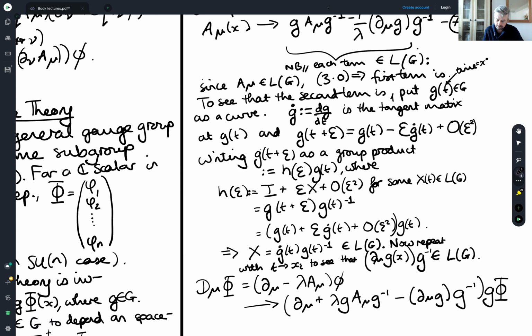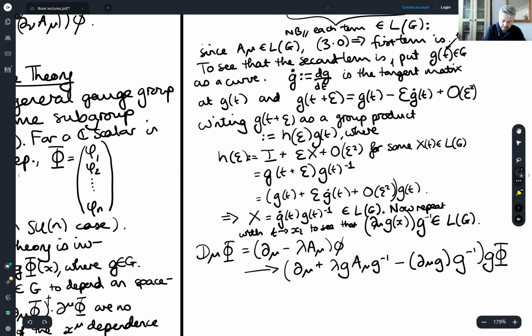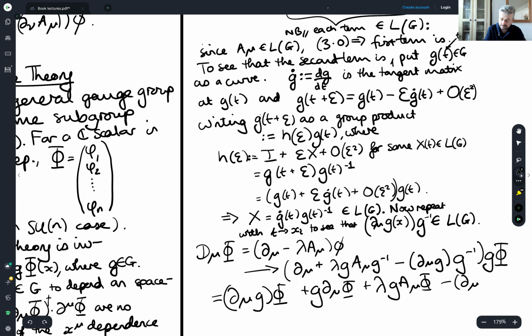Okay, so this is the way that it transforms. And so this is equal to, we just expand out the terms, d mu g times phi plus g d mu phi plus lambda g A mu phi minus d mu g phi. And of course, in the last term, the g to the minus 1 times g is just the identity matrix.